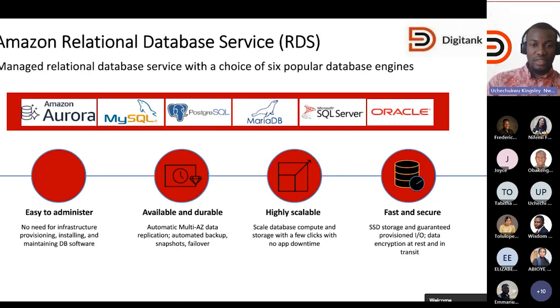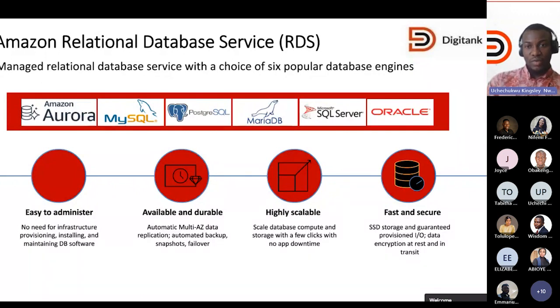This means that your applications and tools that you already have in your current environment can be used with Amazon RDS. You can take advantage of the key features of Amazon RDS, handling database management tasks such as provisioning, patching, backup, recovery, failure detection, and the likes.